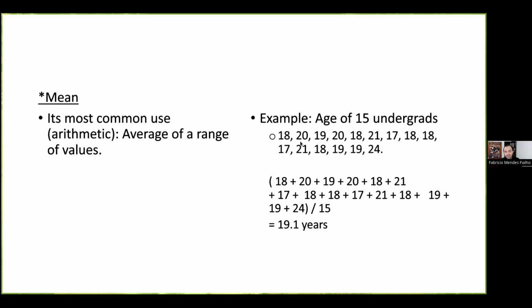So we sum 18 plus 20 plus 19, and so on, up to 24. Then, because we have 15 different ages here, we divide the result by 15, right? When you calculate the mean or average age for those 15 undergrads, we find that the average age was 19.1 years.